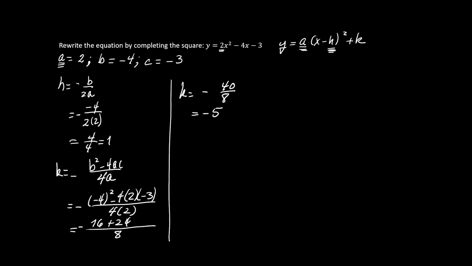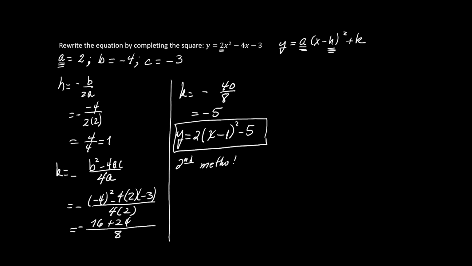Okay, so now I'm done. Y equals a times x minus h, x minus 1 squared minus 5. There it is. Now let's use the second method to compute k. Now, second method to get k.